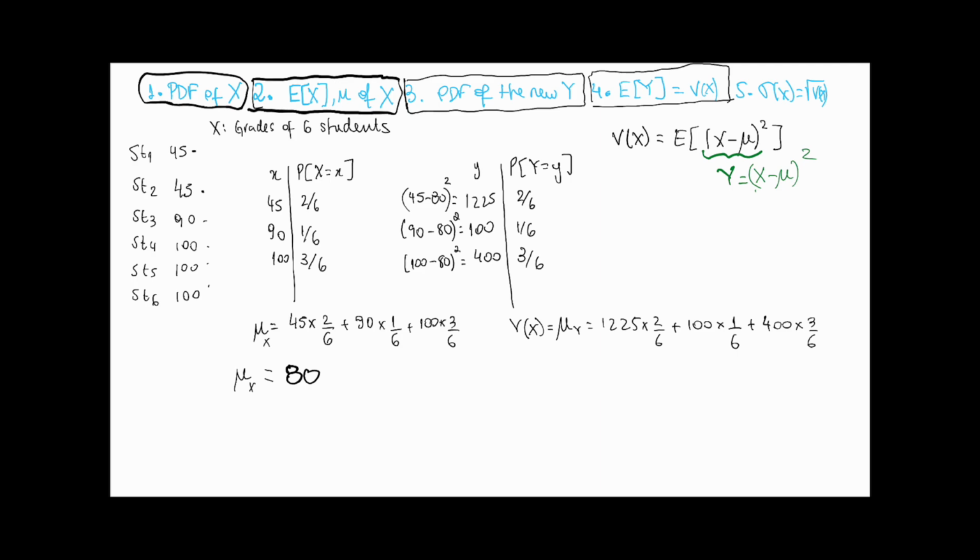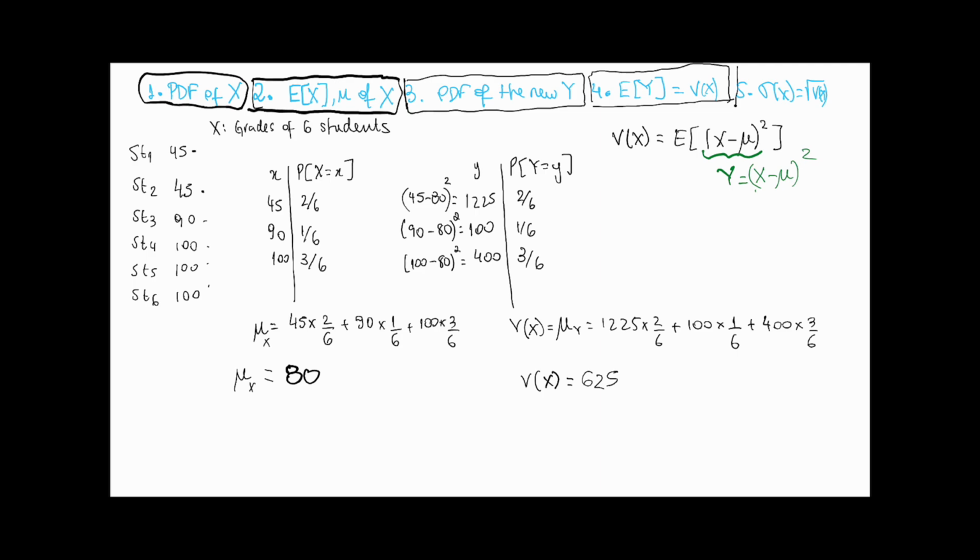This is 625. Beautiful number. All right, and I'm done. This is the variance. So these are the steps.